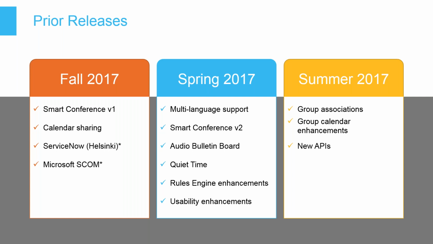Another major feature was smart conferencing. We delivered smart conferencing in 2 rounds, in the fall and the spring release. Smart conferencing allows end users to jump on a conference call in 1 click, and allows administrators to monitor who gets on the call, at what time, and when they leave.